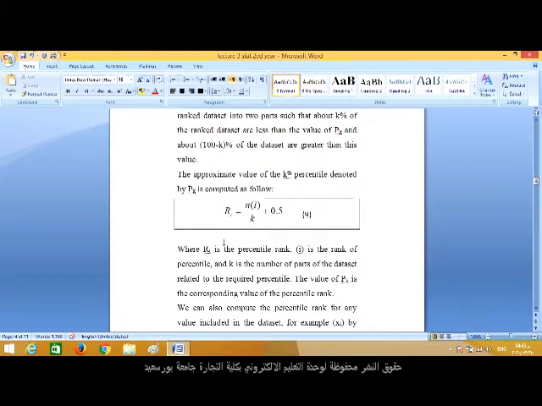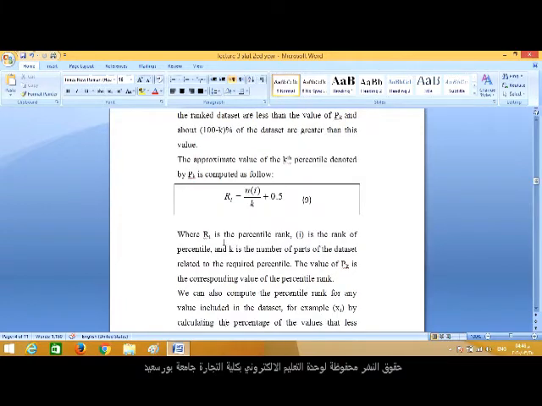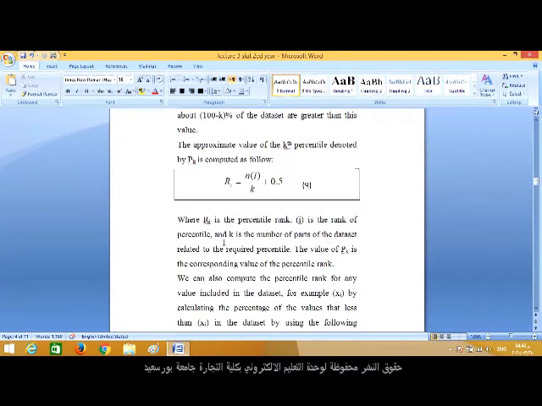Compute the percentile rank for any value. Given the data set, the observation, we compute the rank or percentile rank of any value of this data set, for example xi, by calculating the percentage of the values that are less than xi.